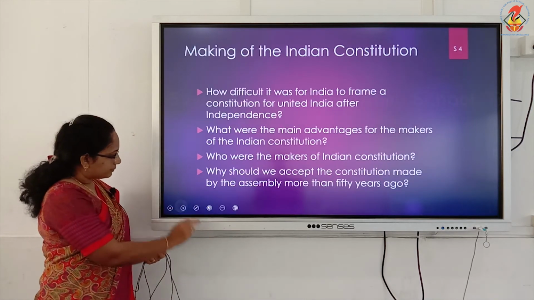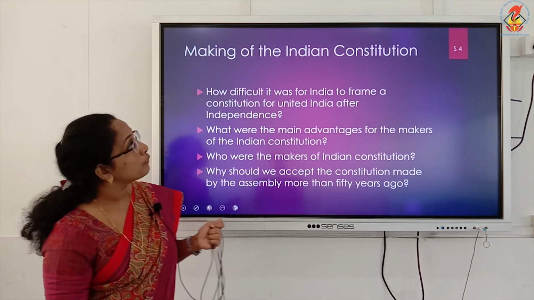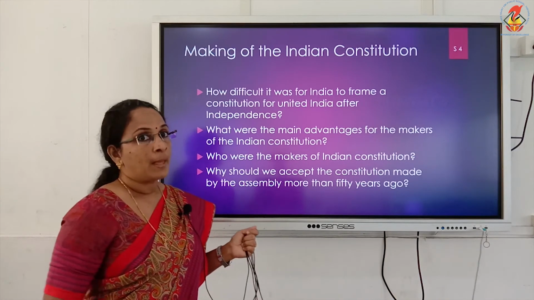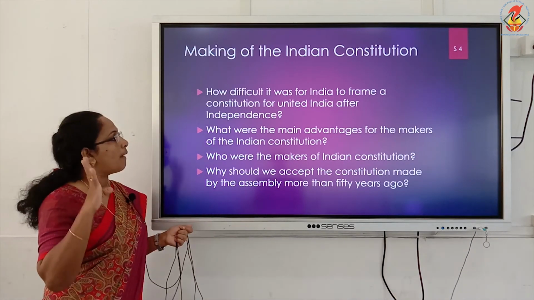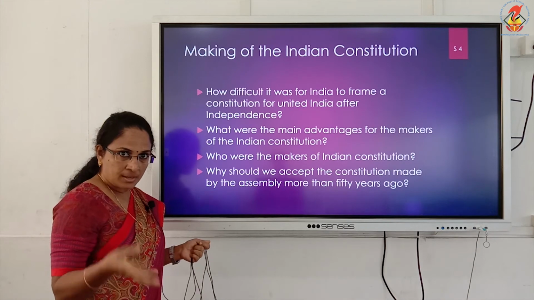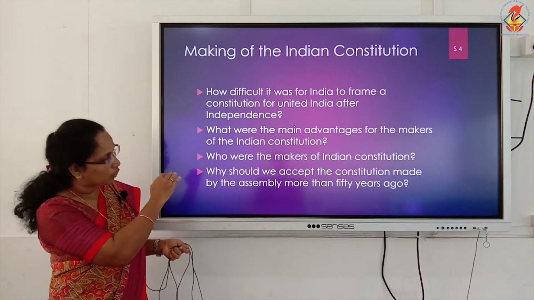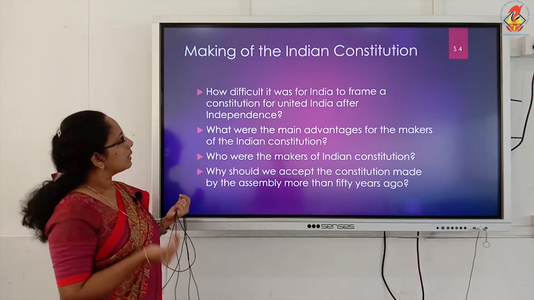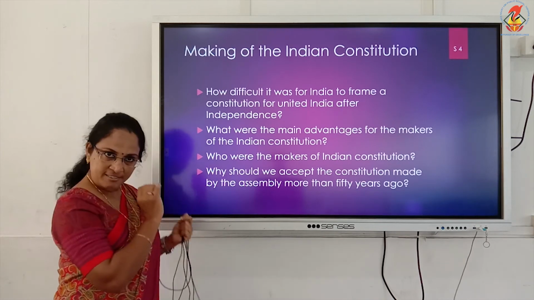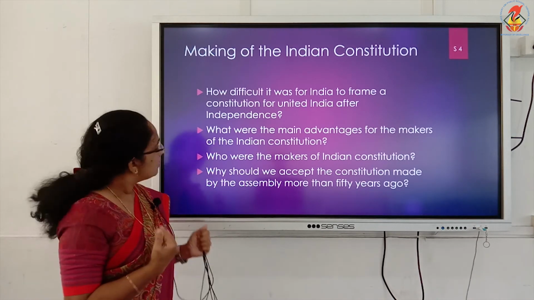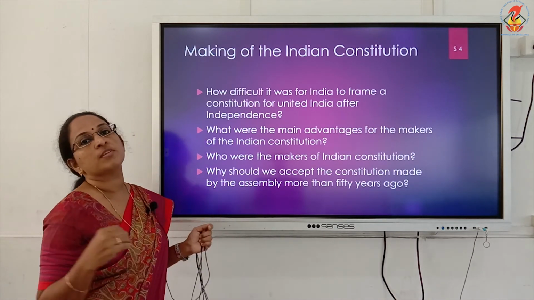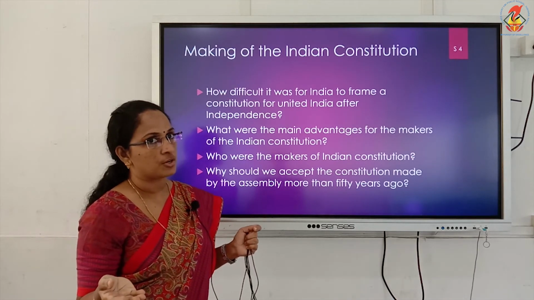Then we move on to the making of the Indian Constitution. I told you 4 main topics are mentioned. I just converted them into 4 questions. The first 2 we discussed in part 1. The third and fourth we'll discuss in the second part, children.